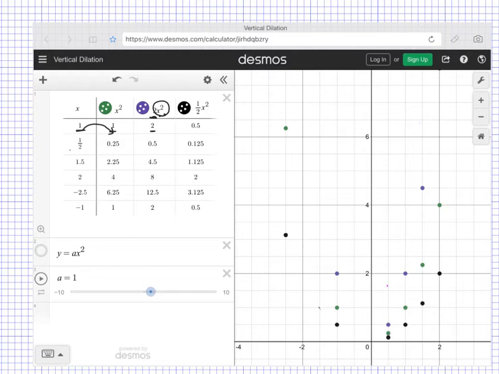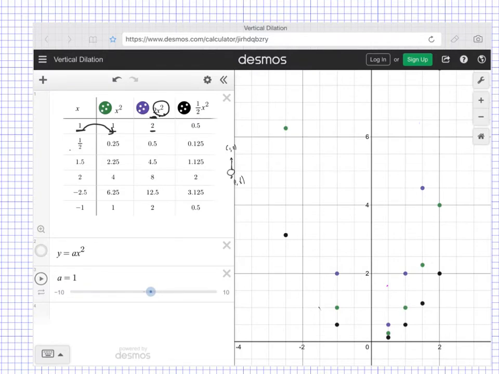However, if I had a dilation factor of a half, you can see there that the output has moved down to its new location of input 1, output a half, which was half of 1. To work that out, you would input 1 into here, so 1 squared is 1, and then half times 1 is just a half. There's no magic going on there, it's just order of operations.